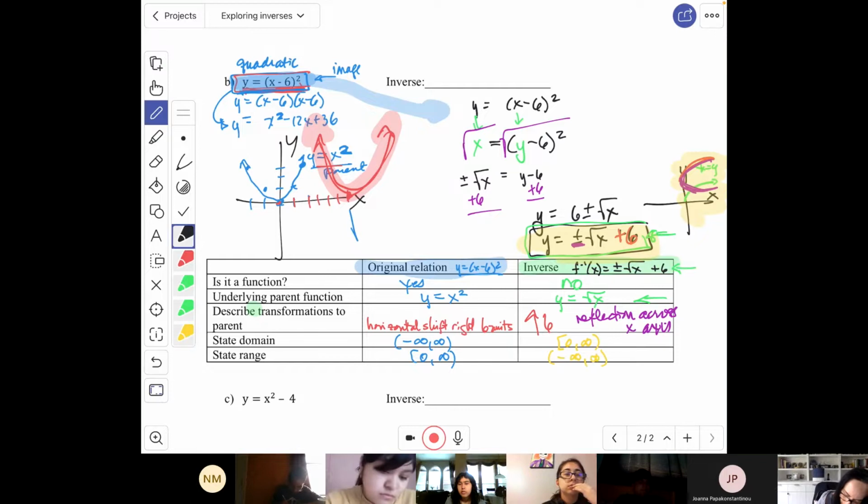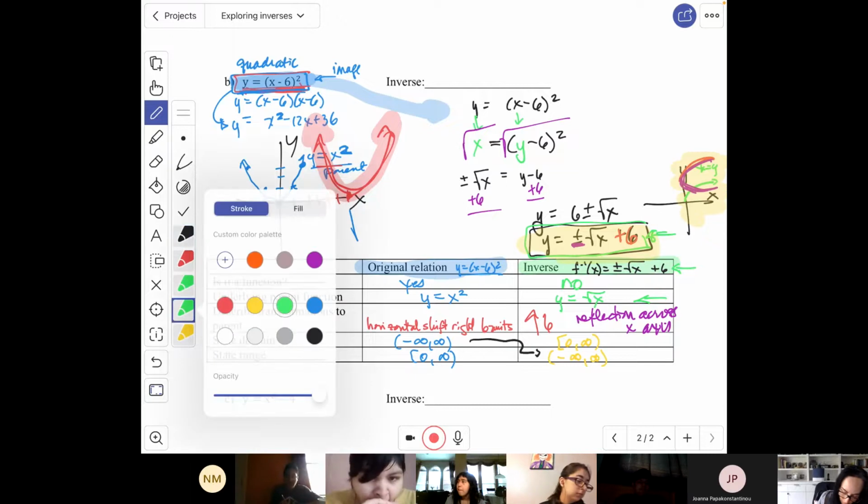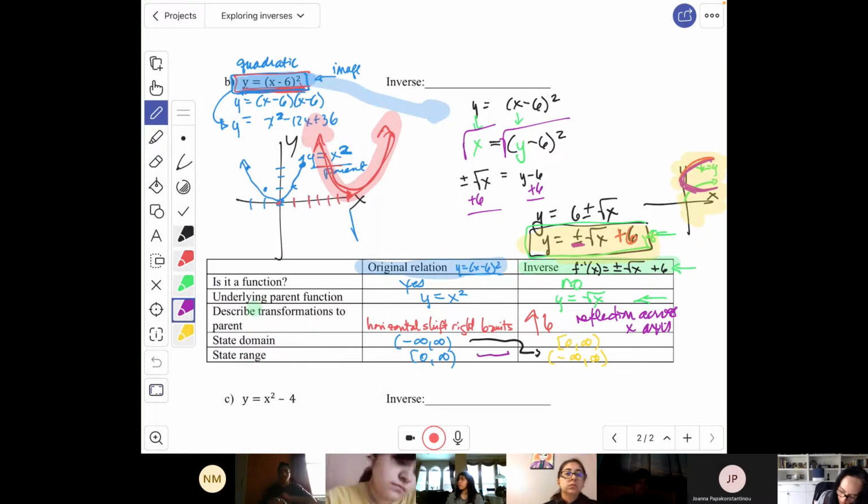And do you see that the domain of the original relation is the range of the inverse? And vice versa, the range of the original function is the domain of its inverse. Do you see that? So you really don't even have to calculate it. If you understand the relationship among the domain and range of the original and the inverse, you don't have to calculate anything.